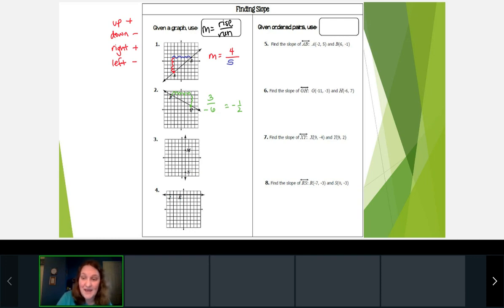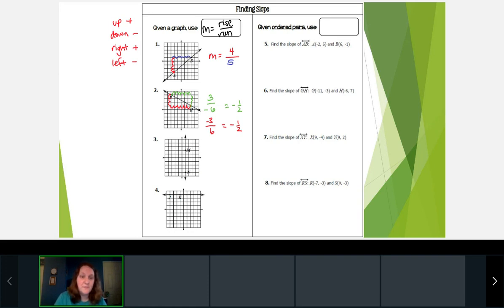If you started at P, then you went down 3. So you had a -3, and then you went to the right 6. So you had a +6, which still reduces to -1/2. So whether you started at Q and you went up and left, or if you started at P and you went down and right, you were going to get the same answer.